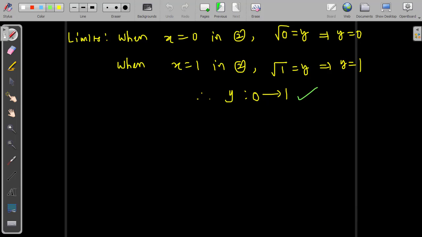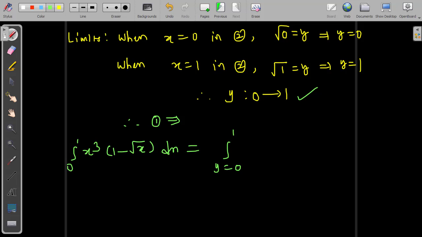So the next step, equation 1 implies, LHS we have the given integral from 0 to 1 of x to the power of 3 times (1 minus root x) dx. This is equal to, now with y from 0 to 1, same limits, no change, x cube means y power 6, 1 minus root x means 1 minus y, times dx which is 2y dy.